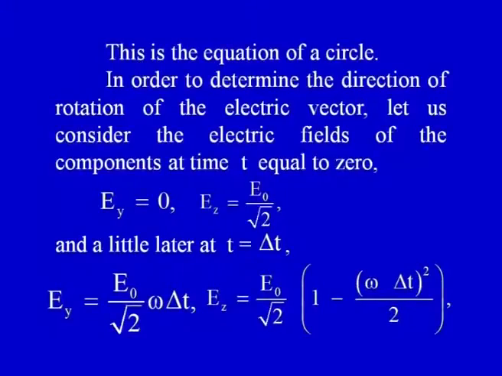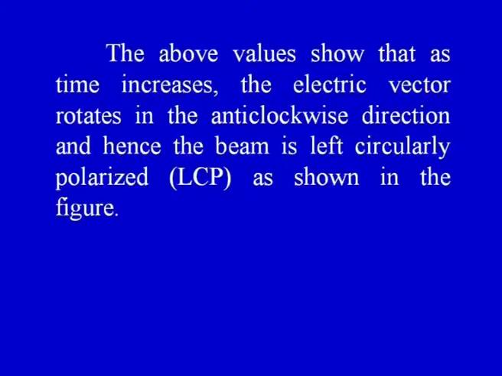The y component has slightly increased and the z component has slightly decreased. That is why the above values show that as the time increases, the electric vector rotates in the anticlockwise direction, and hence the beam is left circularly polarized, LCP, as shown in the figure.